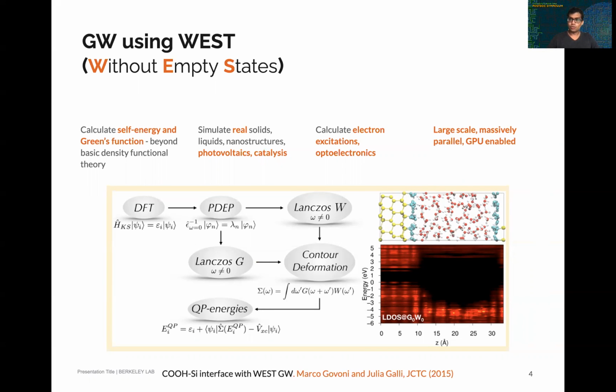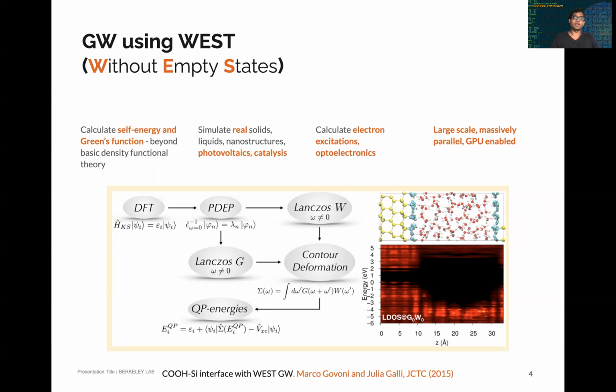And then you do a Lanczos method on it to get G and W, the two components of GW. The G stands for Green's function and the W stands for interactions. So together they make up the GW. And then from G and W, you can calculate the self-energy, sigma. And from self-energy comes quasi-particle energies. Quasi-particle energies here means the interacting analog of single particle energies.